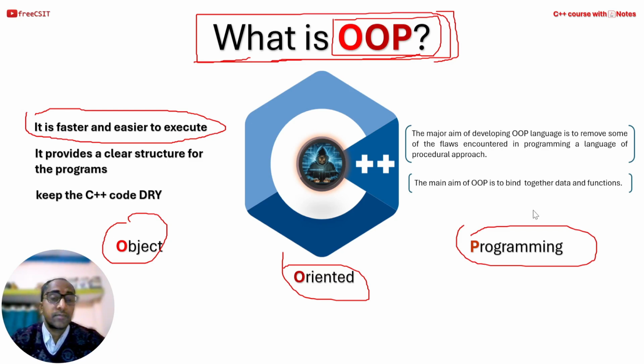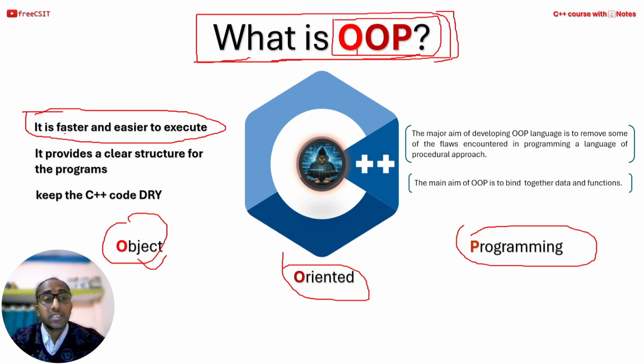One of the basic concepts of object oriented programming is that it enables you to put data and functions together in one unit. So OOP stands for object oriented programming, and it is faster and easier to execute.